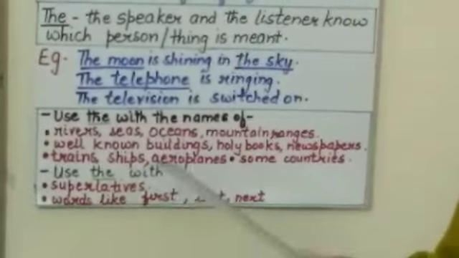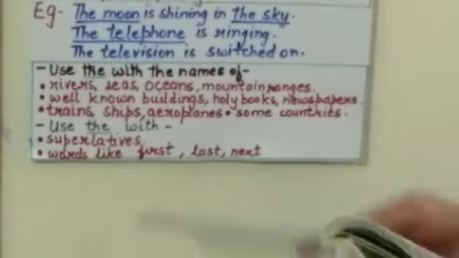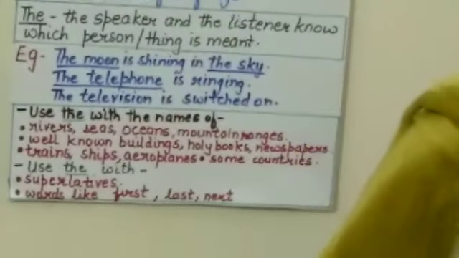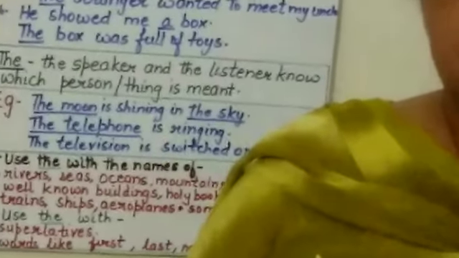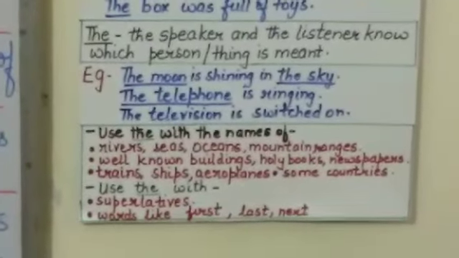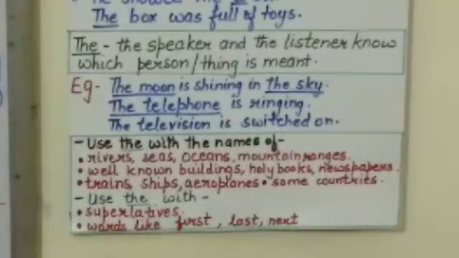The USA, the UK, the UAE, and so on. Now, superlatives. In adjectives, we have positive, comparative, and superlative. Superlative is the highest degree. So, the best student. Then, the most beautiful flower. Wherever we are talking about superlatives, we are writing the.